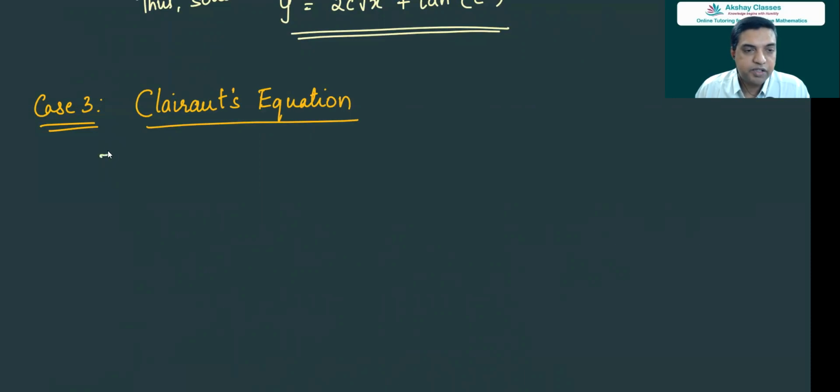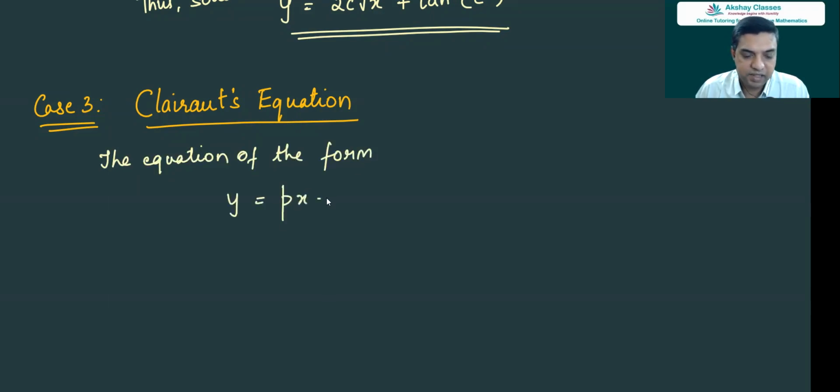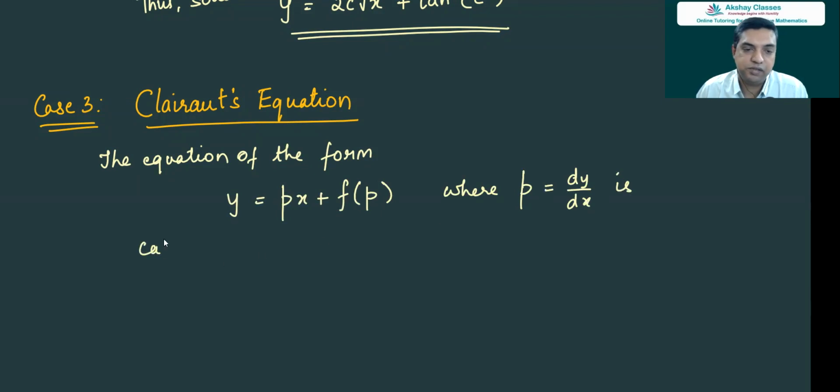The Clairaut equation is like this. The equation of the form y is equal to px plus f of p, where p is dy by dx, is called the Clairaut's equation.